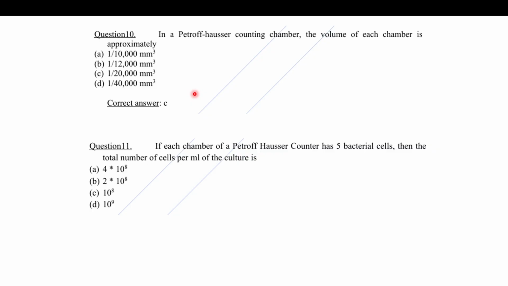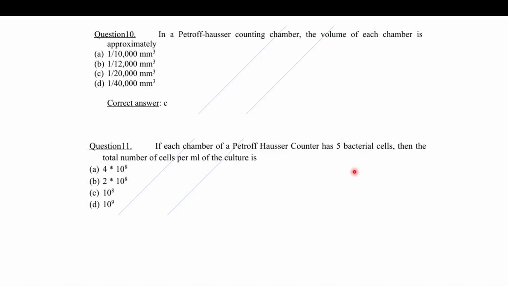Now, based on the previous example, each chamber has 1 by 20,000 millimeter cube of volume, and you are able to count 5 bacterial cells in each chamber. Then what is the total number of cells per ml of the culture? Per 1 by 20,000 millimeter cube of volume, you have 5 bacterial cells.